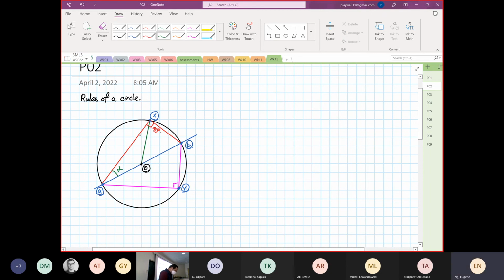If that angle is alpha, this angle over here is also alpha, because both of them have the same radius, because point O is the center of the circle. So this angle over here will be equal to 180 minus 2 alpha, and this angle over here will be equal to 2 alpha.